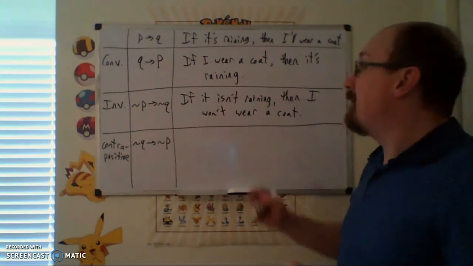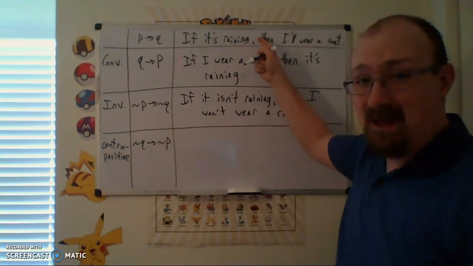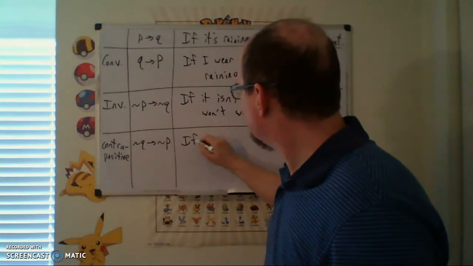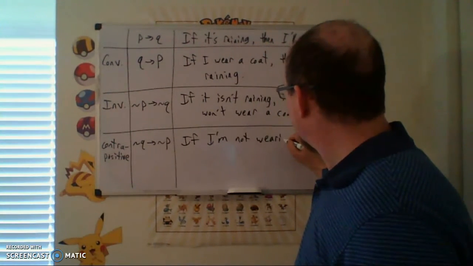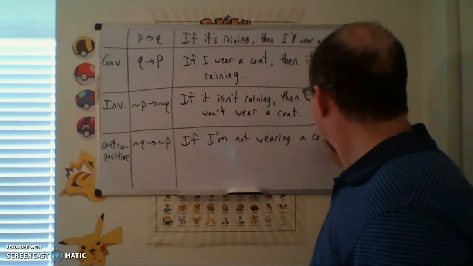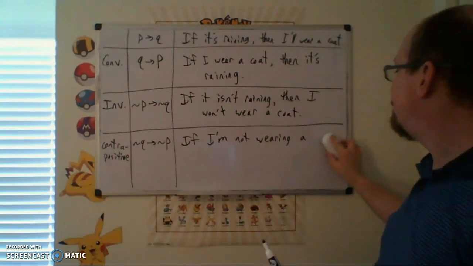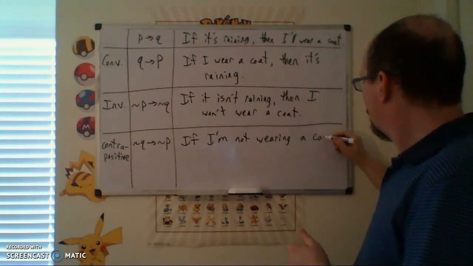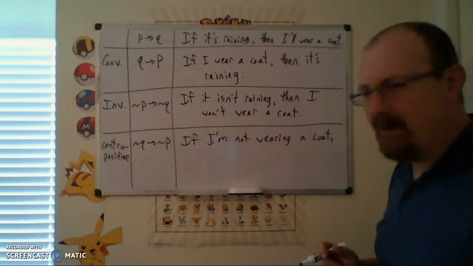So now, if I wanted to write out a sentence form of the contrapositive of this fella I started with, if I'm not wearing a coat, okay, that's going to bug me. I tried to write cot, and I'm not sure many people will be wearing a cot regardless of the weather.